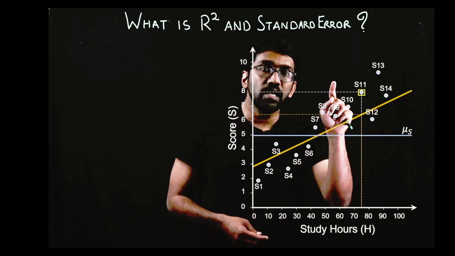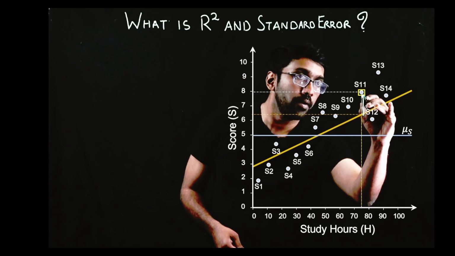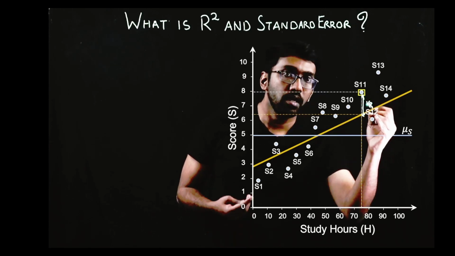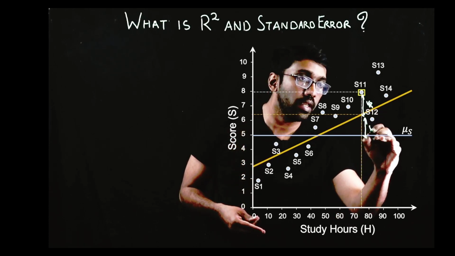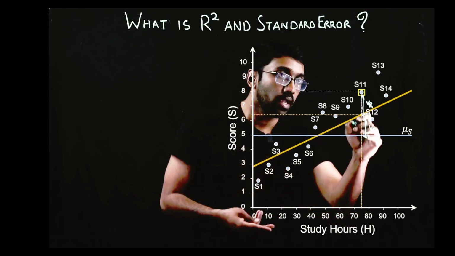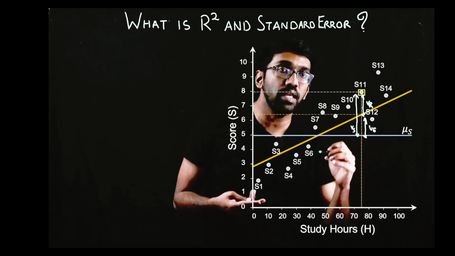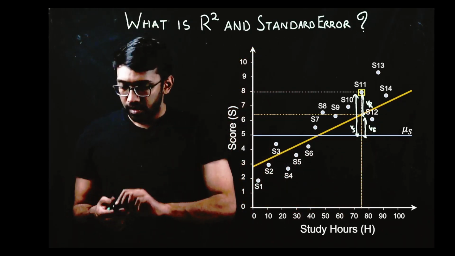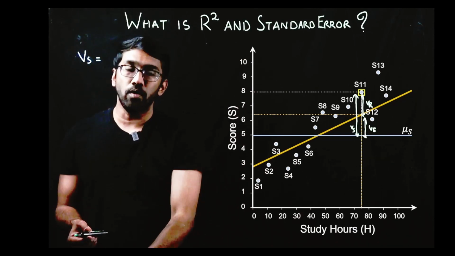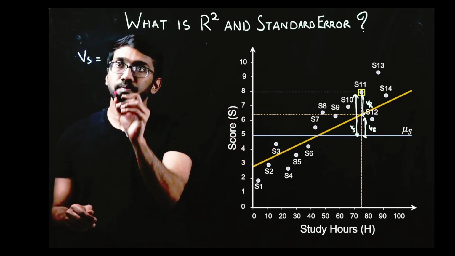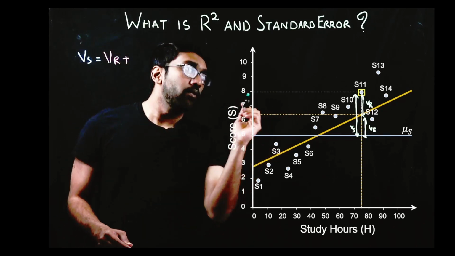So in this example S11 here, you can see that there is a part VR, which is the residual part, which is the part which is not explained by the model, and there is a part VE, which is the variance which is explained by the model, and the total variance is the variation, so it's VS. Now we can write that the total variation VS is the sum of VR, which is the residual, plus the V explained.